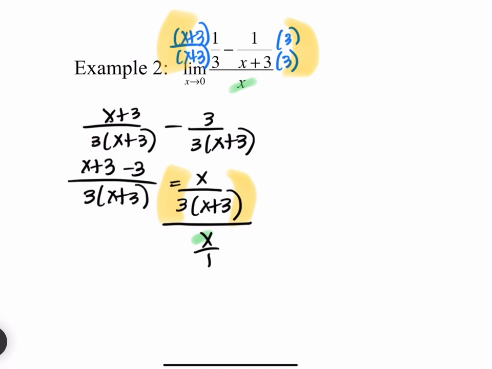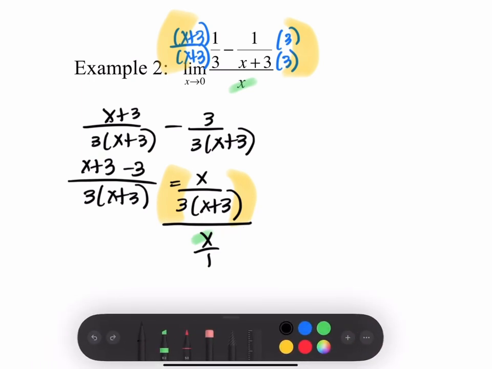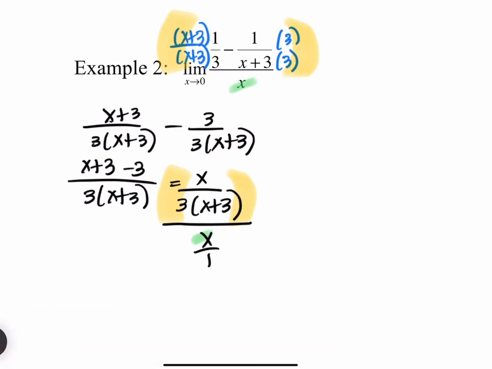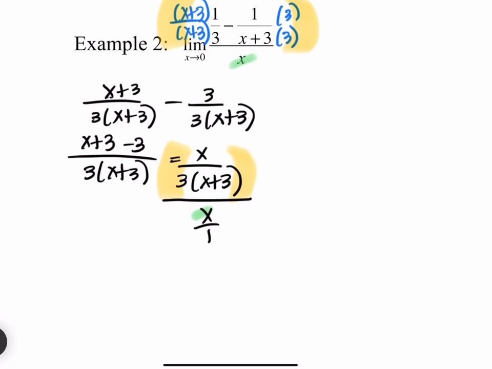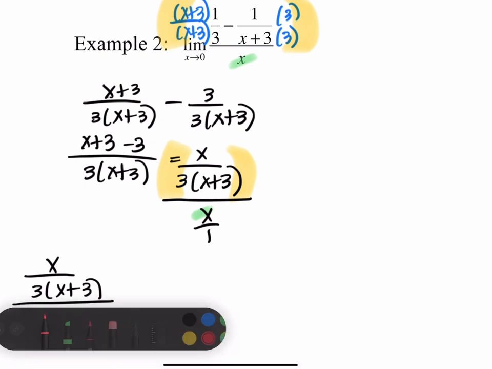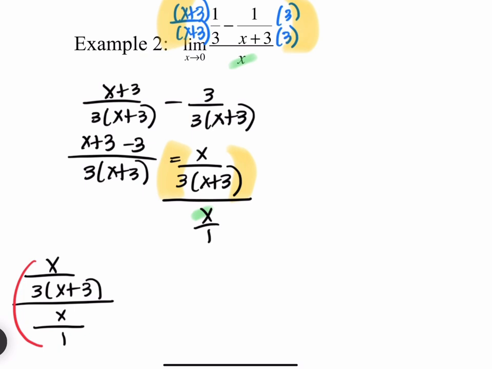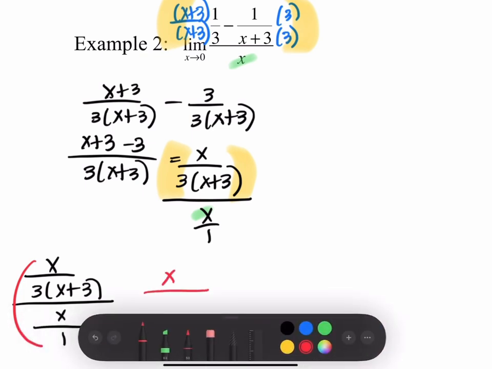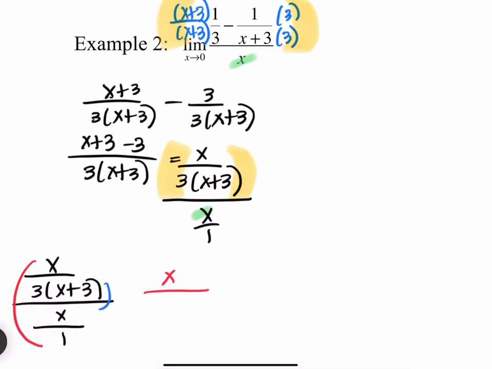Okay, so I just brought down my denominator of x, and I put it over 1 so that we can have a fraction over a fraction situation. And again, you can either use the hamburger method or multiply by the reciprocal. I'm going to do the hamburger method. And so my new numerator is going to be x, and my denominator is going to be x times 3x plus 3.